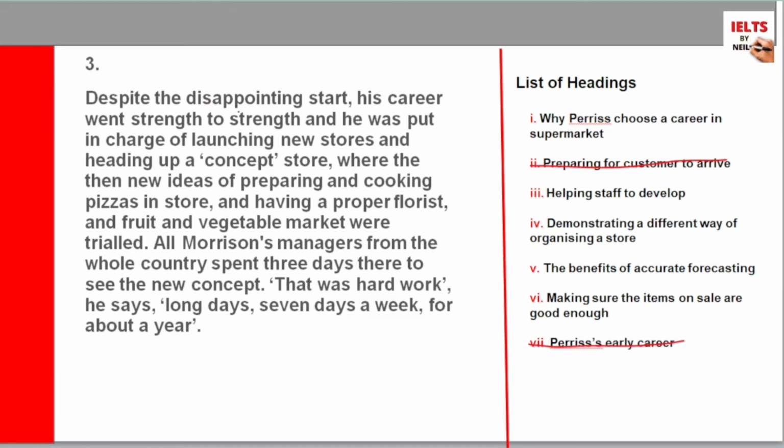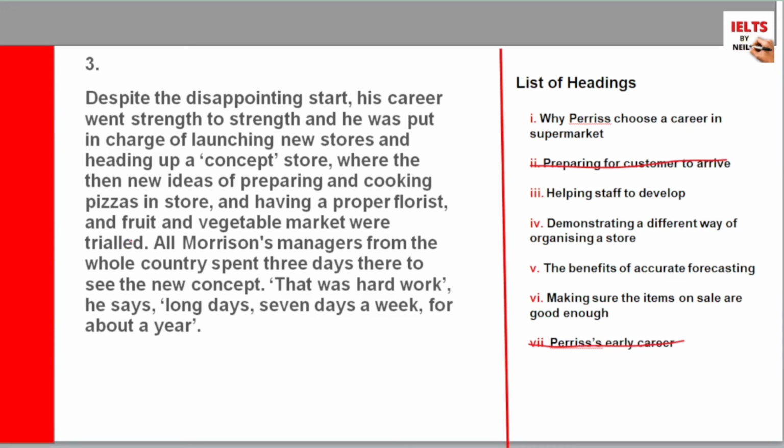Despite the disappointing start, his career went strength to strength, and he was put in charge of launching new stores and heading up a concept store where the then new ideas of preparing and cooking pizzas in the store and having a proper florist and fruit and vegetables market were trialed.